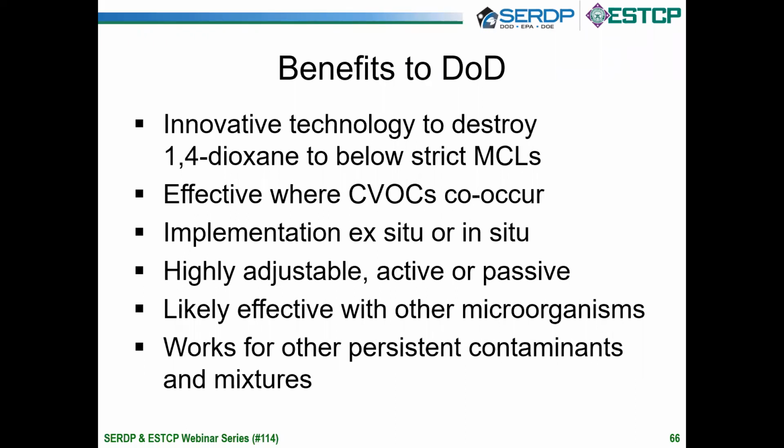And maybe even bioaugmentation with reductive dechlorinators to help on the reductive side, because we still need to find a use for the hydrogen gas that we're generating. And then finally, we also believe that this works for other persistent contaminants and mixtures. We have proven that for a couple of contaminants, some nitroaromatic compounds, and then currently within the same SERDP project, we're working on extending this technology for PFAS.